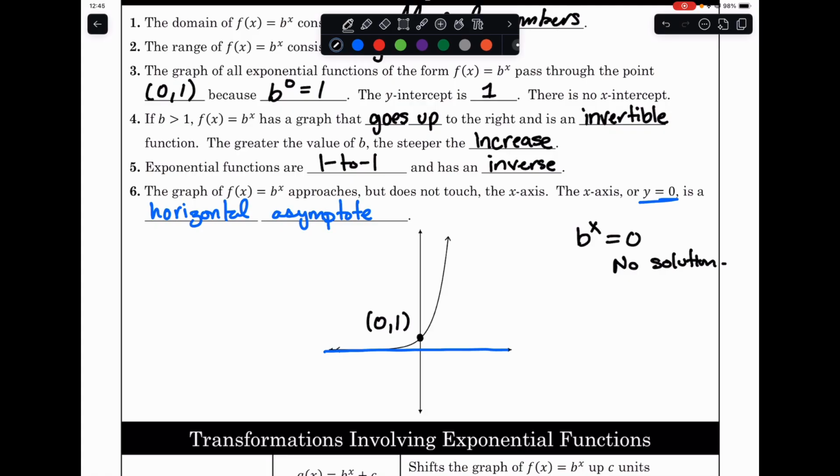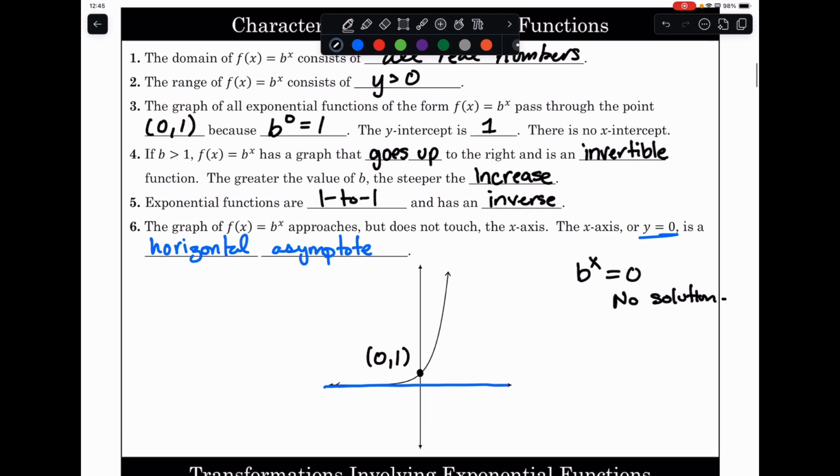Now, another key characteristic about these functions that are written in this format, y equals b to the x power, is that because this is exponential, if I make the input value equal to 1, then the output value is always going to be the base.